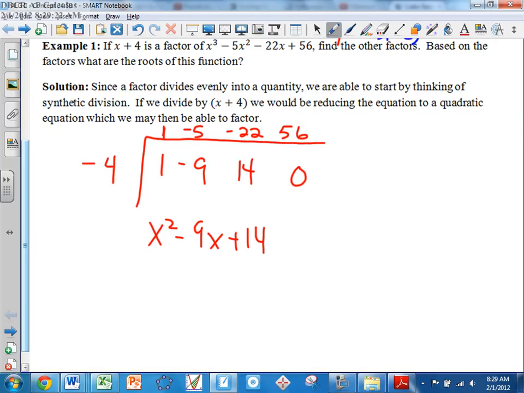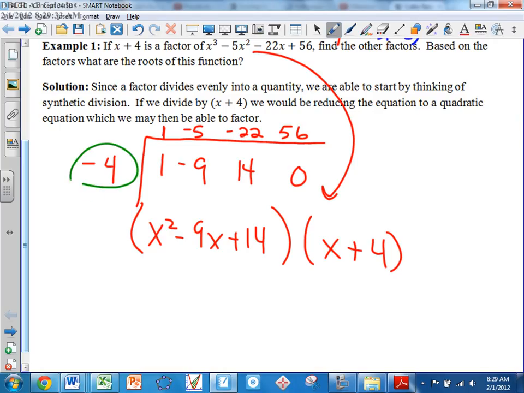So this thing up here is really factoring into this quadratic with an x plus 4. Again, where does the x plus 4 come from? This root indicates the x plus 4. This row indicates this quadratic. Is that cool? And we just factored it.